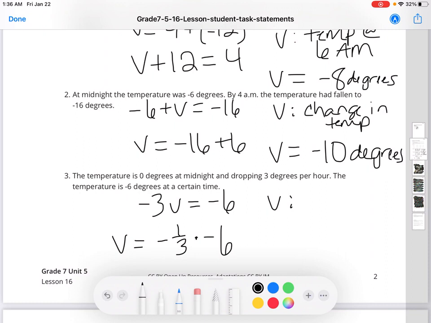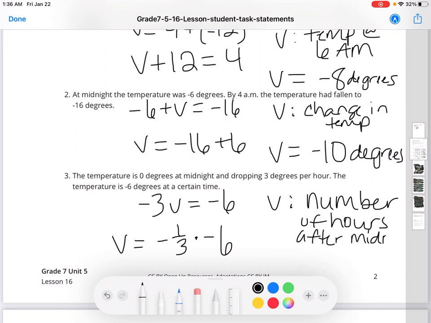So what does V represent for this situation? It represents my number of hours after midnight that it took to reach negative 6 degrees.